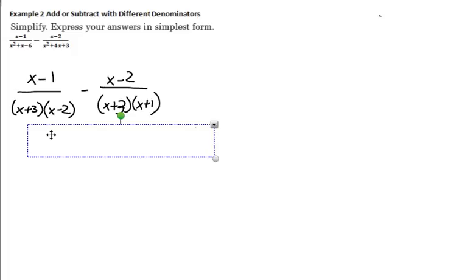Okay, now what we need to think about is what the lowest common denominator of that is. In order for it to be a lowest common denominator, we have to find basically the greatest number of any factor that appears in that denominator. Okay, so we have x plus 3, x minus 2, and x plus 3, x plus 1. X plus 3 is common in both of them.